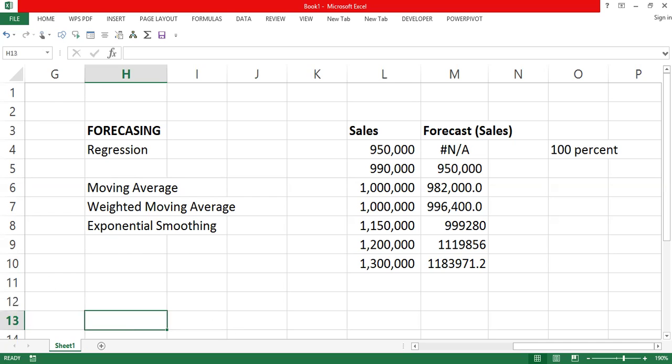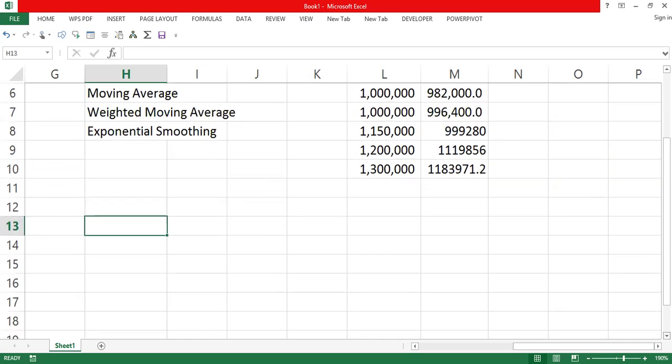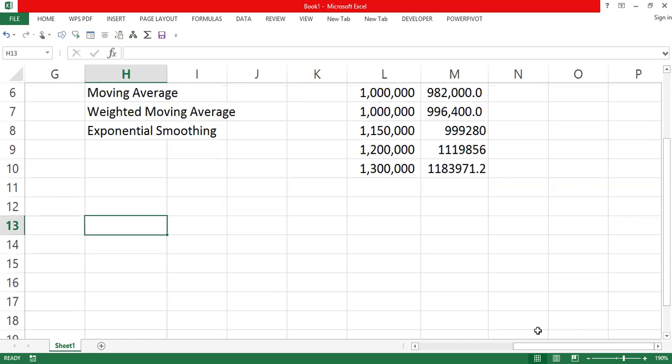What do we use to measure the strength of a relationship? Correlation, right? We use correlation to measure the strength of a relationship.